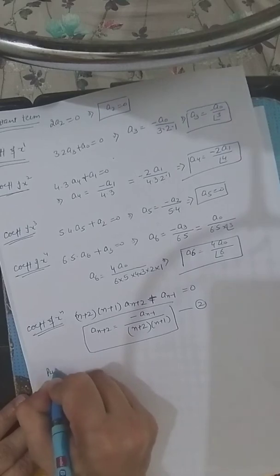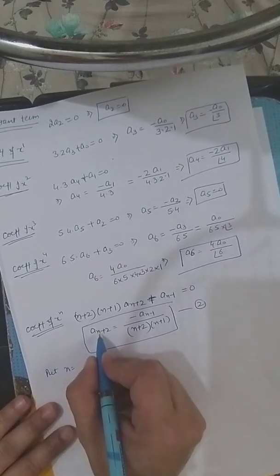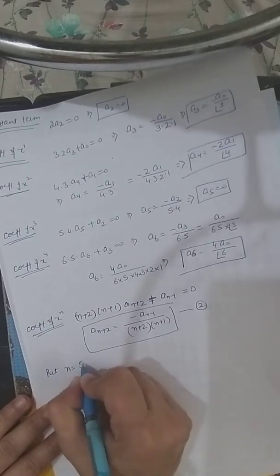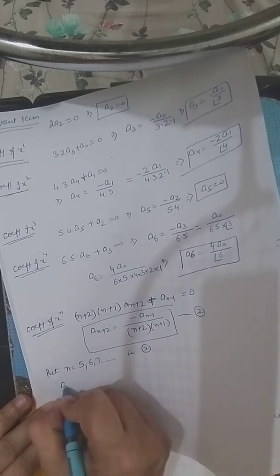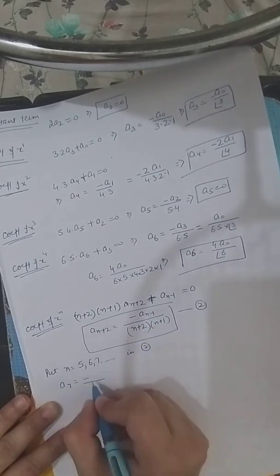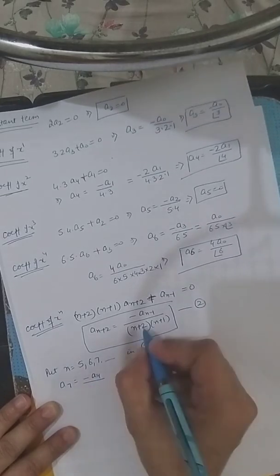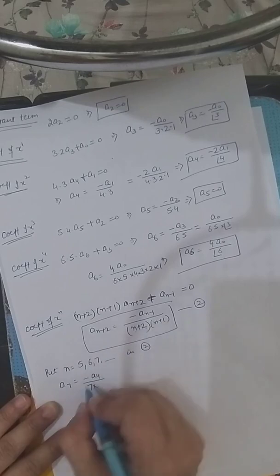Now put n equal to 5, 5 plus 2 will be 7, and you get a7 equal to minus a4 over 5 plus 2, 7, 5 plus 1, 6.